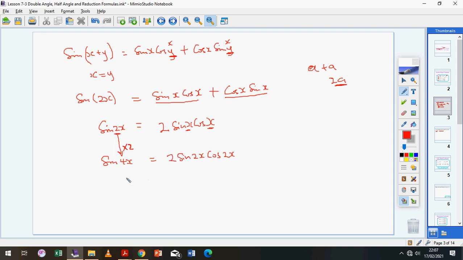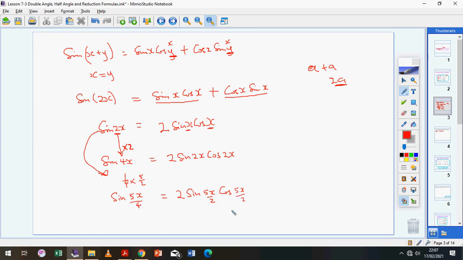This works even if I multiply the angle by 5 over 2, right? Then the initial one becomes sine of 5x over 2 times 2, which is sine of 5x, hmm, and to the right I'll have 2 sine of 5x over 2 cosine of 5x over 2.